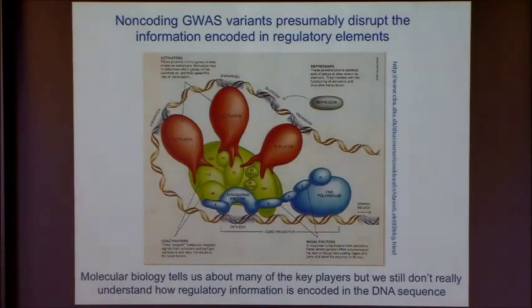So let's just think about how this might work. From molecular biology, we know quite a lot of the key players in gene regulation. There are probably more to be found, but we know many different players. But we still don't really know how to interpret the regulatory information that's encoded in DNA sequences.